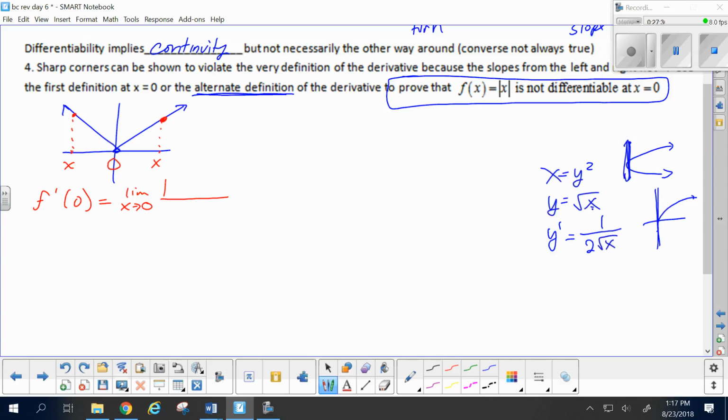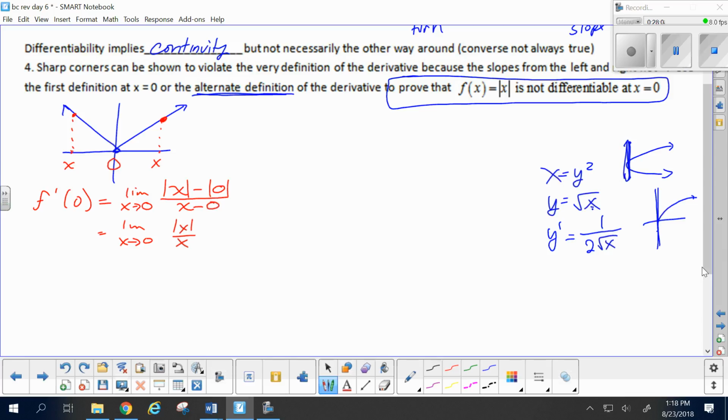F of x, in this case, absolute value of x minus absolute value of 0 over x minus 0. Do you agree that that is the definition of the derivative alternate stuff? All right. So, okay, I can do this as a cleanup here. This without the zeros becomes this. Okay, great. I don't see the problem. Why not? That's the definition of the derivative. So let's move on. What happens?